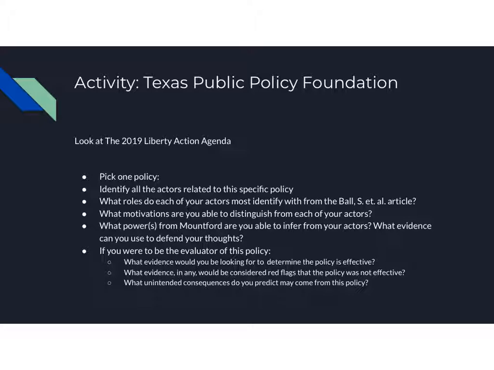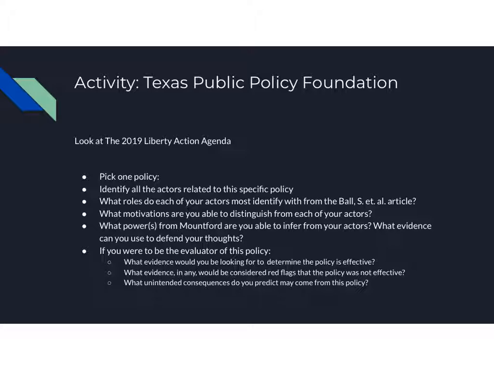So again, we know that this is at a state level. It's looking at Texas public policy. But we can really break down who are all the actors. And then looking at it from Ball's perspective, which of those roles do you think each of the actors would most identify with?